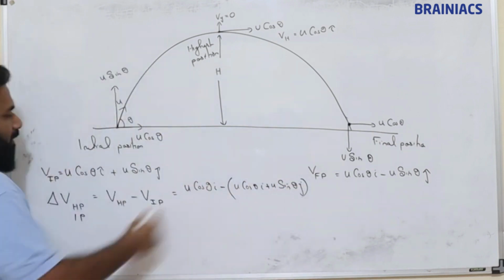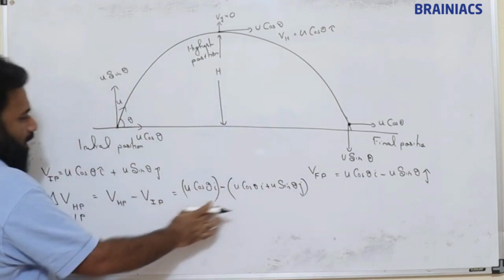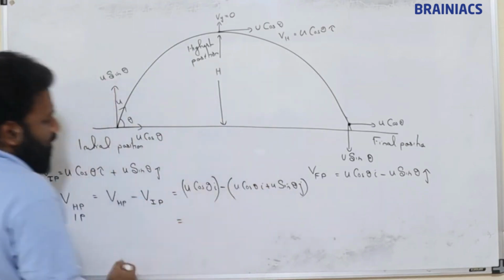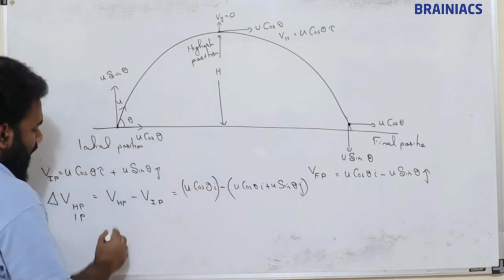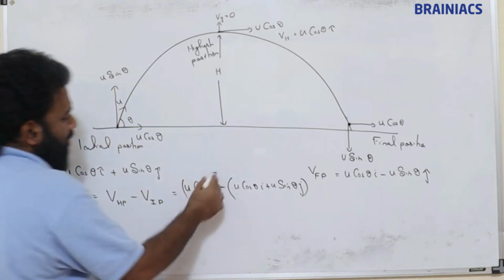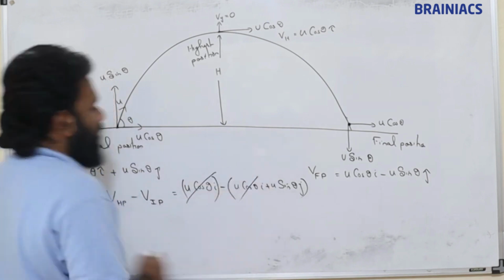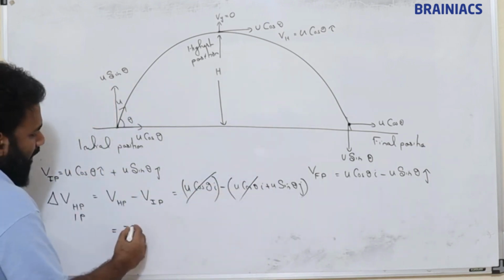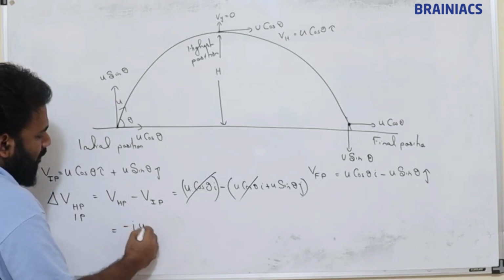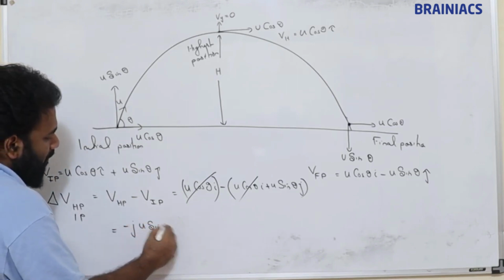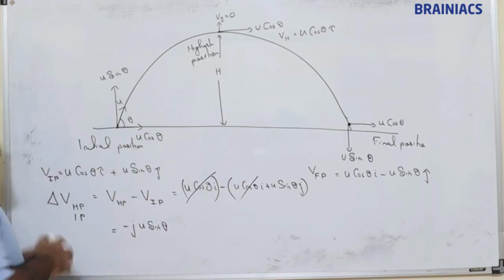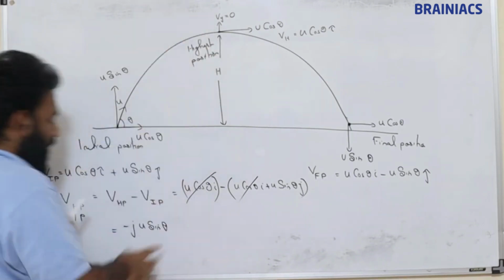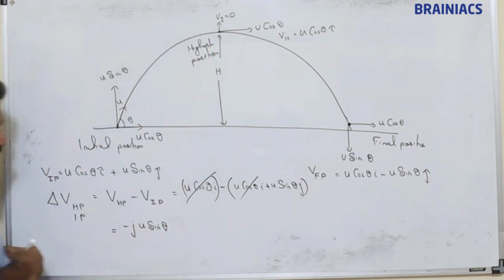So this thing and this thing will be cancelled off. I can write minus j into u sin theta. So the change in velocity between this point and this point will be minus u sin theta j.